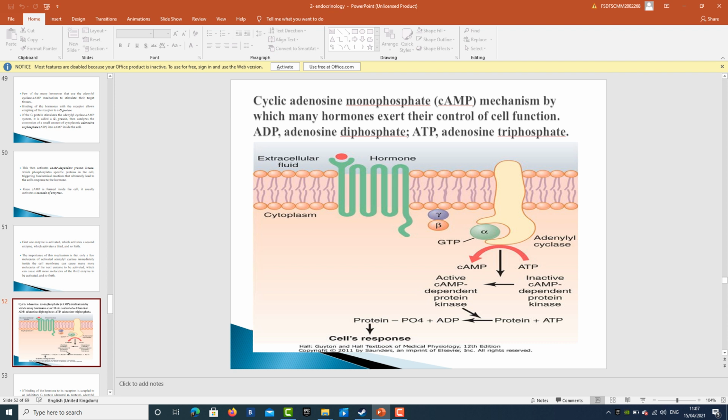This diagram is very important because it is self-explanatory. You can see how the hormone binds to the receptor coupled to the G protein, which leads to the conversion of ATP to cyclic AMP, and later the cyclic AMP acts on the protein kinases which are phosphorylated, and there is formation of proteins, which in turn lead to the cell's response.